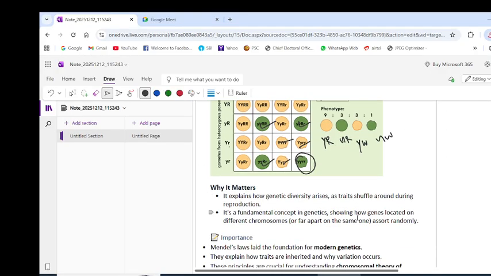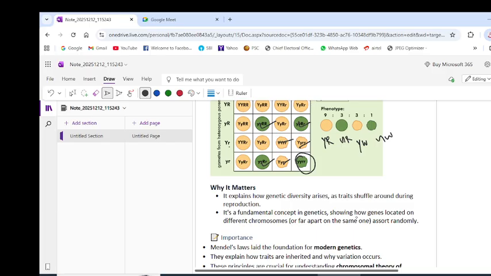Okay, so we have now talked about 3 laws: law of dominance, law of independent assortment, law of segregation. Why do we need to understand these laws? Because they explain how genetic diversity arises and the shuffle of traits during sexual reproduction.